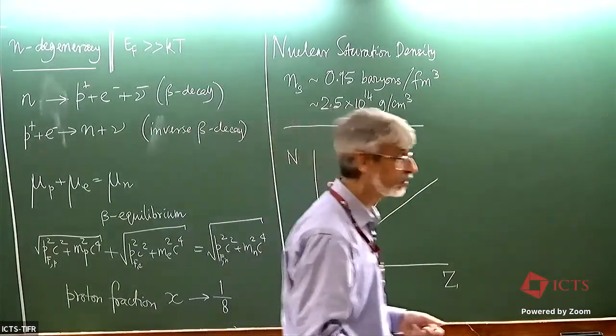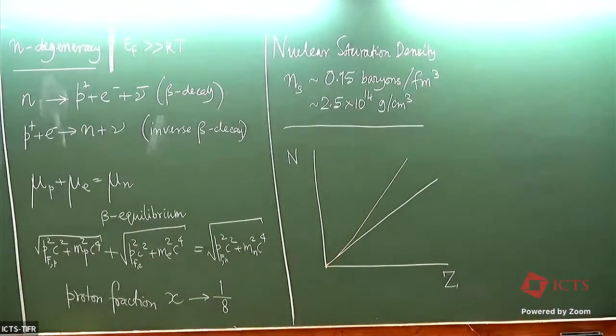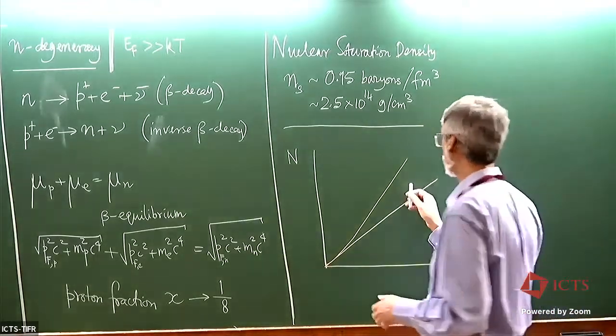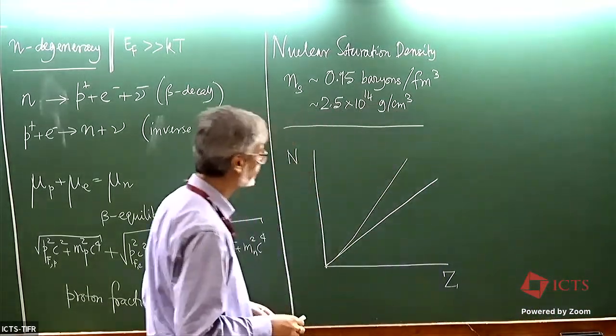Roughly N is about 1.5 times Z towards the upper end.